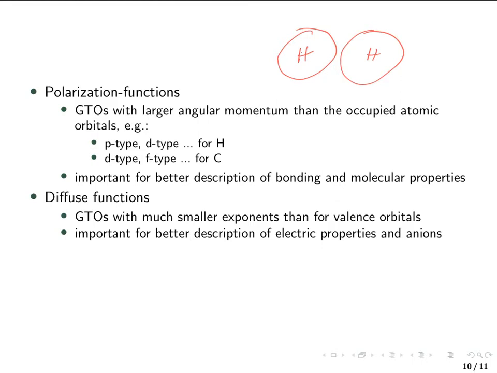And these s orbitals on the 2 hydrogen atoms have a spherical symmetry, also in the hydrogen molecule. But of course the hydrogen molecule does not have the spherical symmetry any longer. And in particular, we want to describe the region between the 2 hydrogen atoms very well, because that's where there will be some more electrons forming the bond.